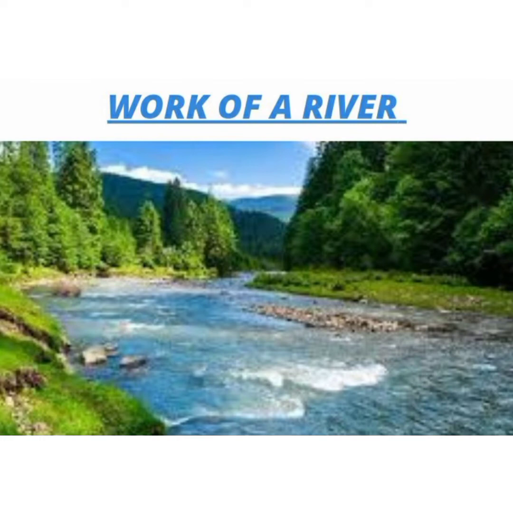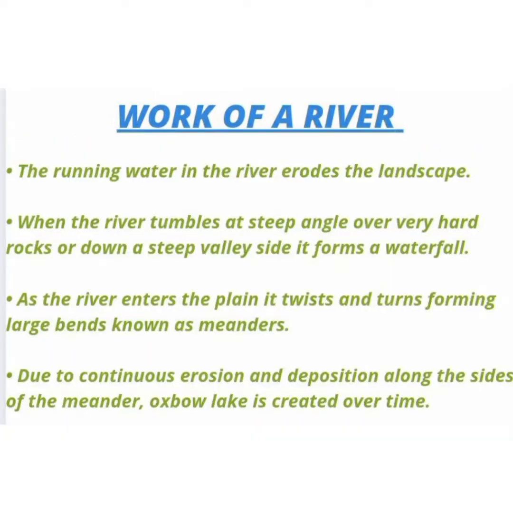Now, what is the work of a river? The running water in the river erodes the landscape. When the river tumbles at a steep angle over very hard rocks or down a steep valley side, it forms a waterfall.